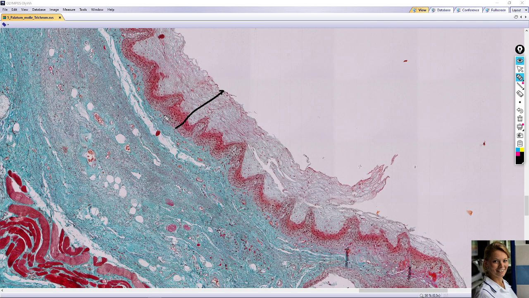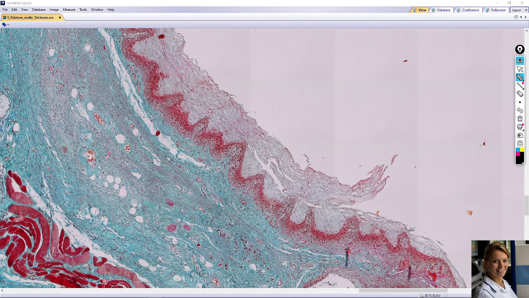Here is a basal layer with cuboidal shaped cells, which move into the surface, and the surface layer contains cells with still present, flattened nuclei, or squamous. So the name of this epithelium is a stratified non-keratinized squamous epithelium.